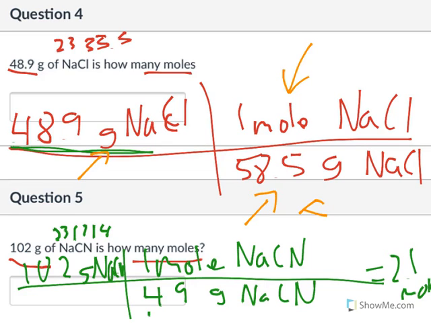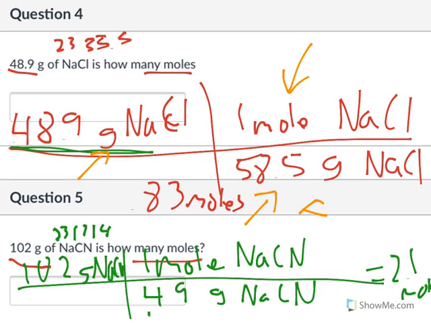On this top one, I don't think I ever finished that one. That's going to be 48.9 times 1 divided by 58.5, and that'll give us 0.83 moles. So this top one right here is 0.83 moles.